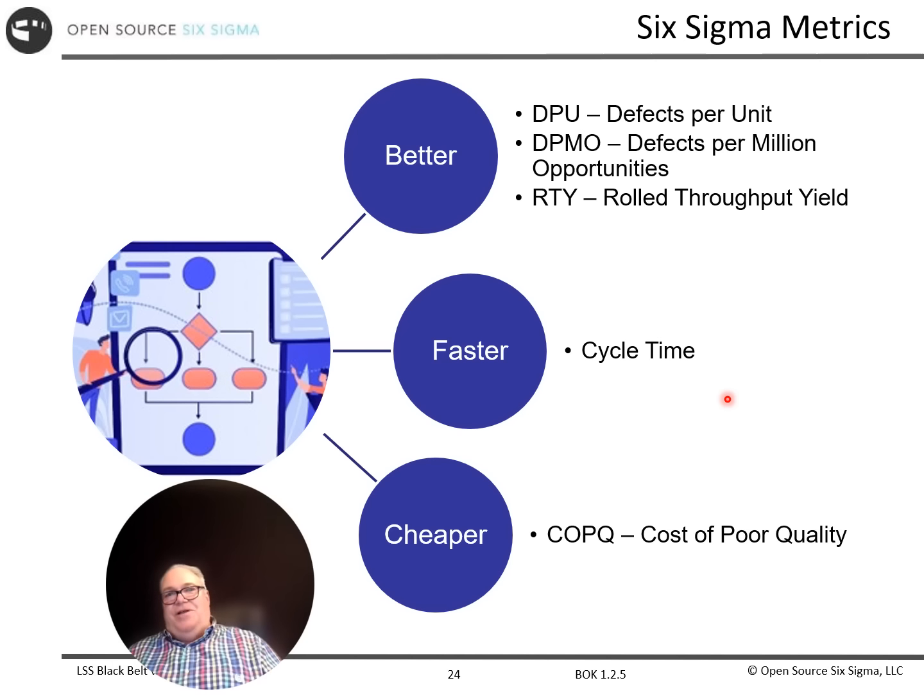When does the stopwatch get clicked off? Can I improve that time? And then finally, cheaper. Hey, that's all the COPQ stuff. If I could get rid of those costs of poor quality, I can then fold that back into my profit margin for that particular product or service.